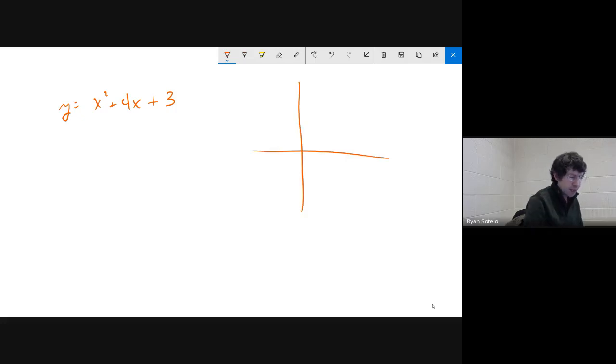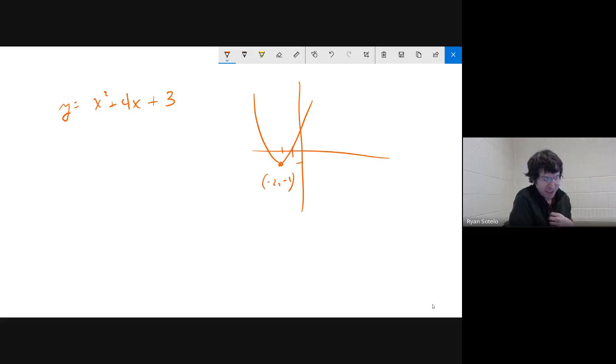And it will be, let's see, I think here maybe. We'll see if I got that right. So this is the vertex. I think I got this right. At -2, -1. We'll see if I got it right by the end.